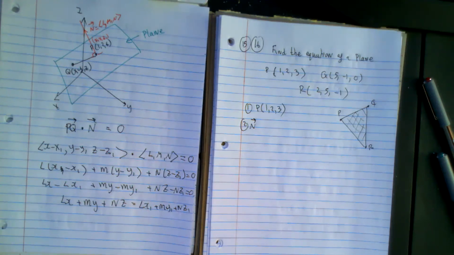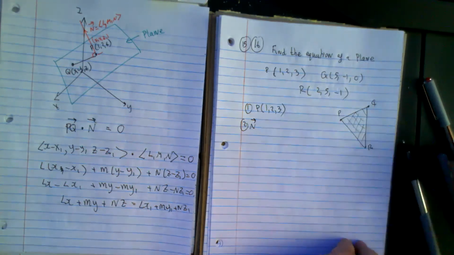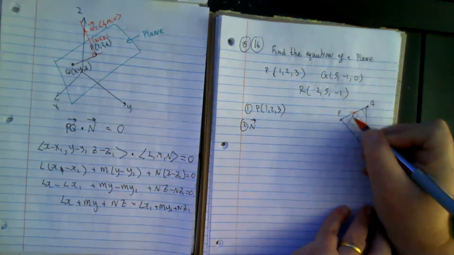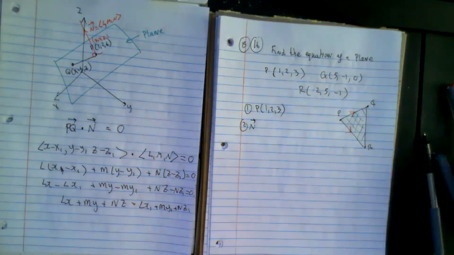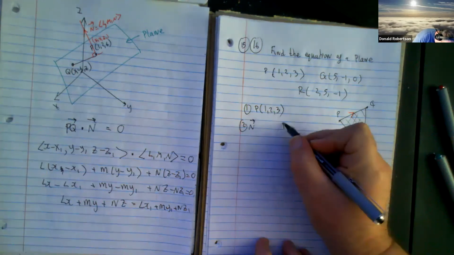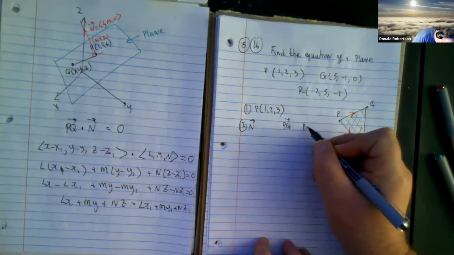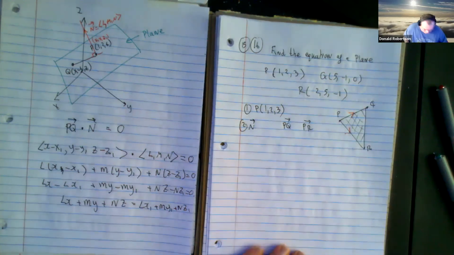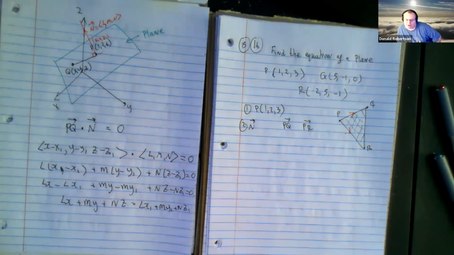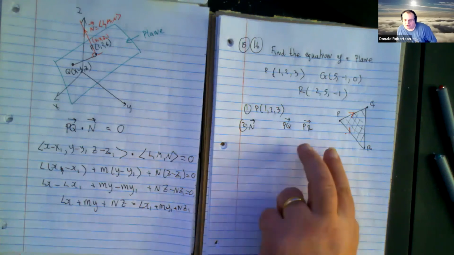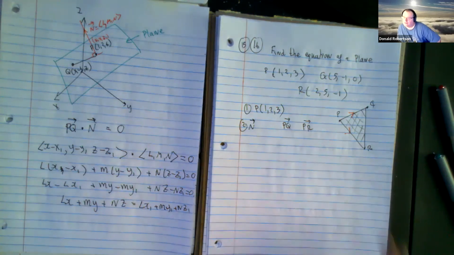Couldn't you just find the vector between any of those 2 points and then find a line perpendicular to that? I like your thinking. So I'm going to pick PQ, and I'm going to pick PR because I like P. How do you find a vector perpendicular to two vectors? We have a guy that does that, don't we?